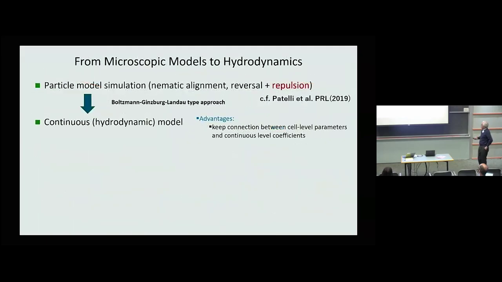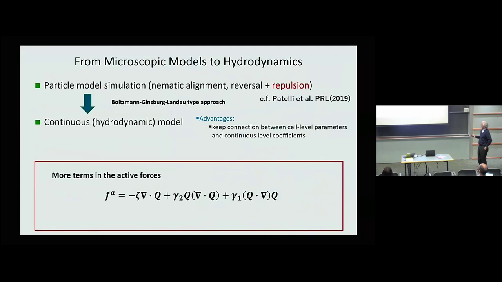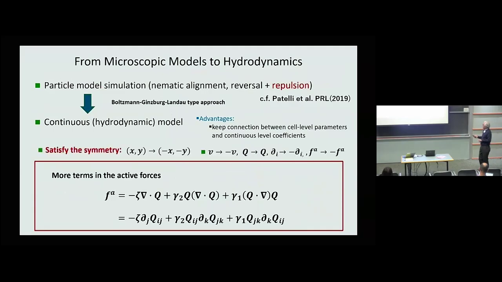So what we did is a bottom-up approach. We consider a particle model which has nematic alignment, velocity reversal, and a repulsion effect. From this, we apply the Boltzmann-Ginzburg approach and obtain the continuous model, and from the particle model we can obtain the coefficients of the continuous model.